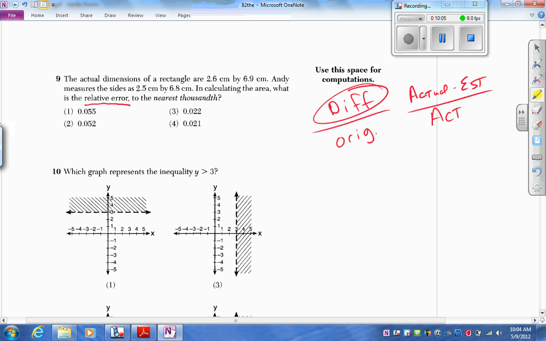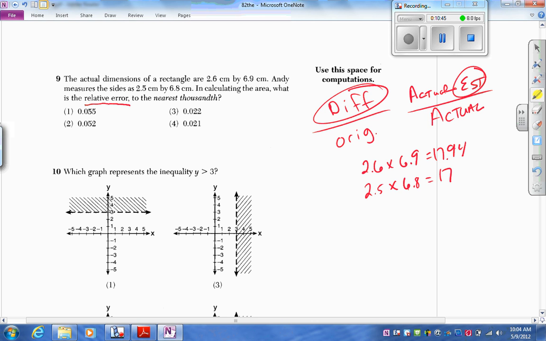So you figure out the estimated, you figure out what the actual should be, you subtract off your estimate, and you put it over what the actual is. Did I spell that right? I think I did. So let's do a little bit of work. The actual dimensions are 2.6 by 6.9. If I multiply those, 2.6 times 6.9, I get 17.94. The estimated was 2.5 times 6.8, and if I multiply those, I get 17.